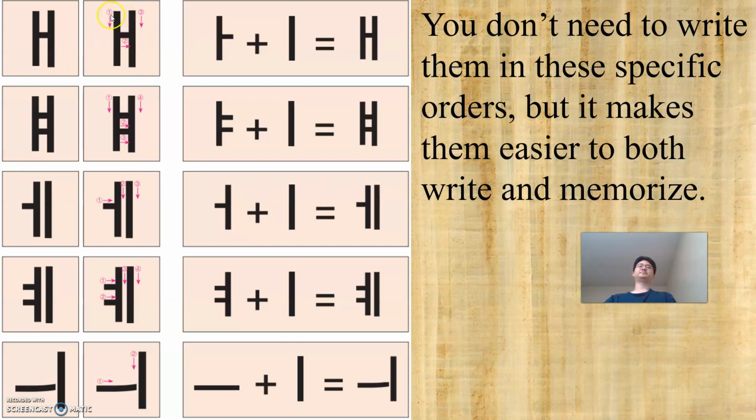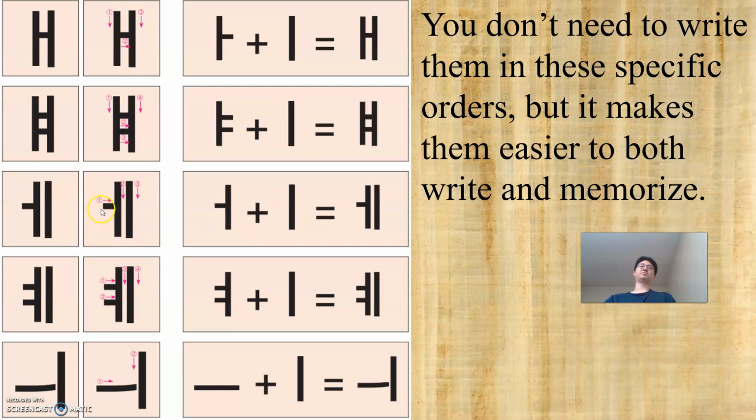So for this one, you always want to start from the left and move your way towards the right. So if you see in this one, you go down, down, across, down, and in this one you go down, across, across, down, and so on for the others.